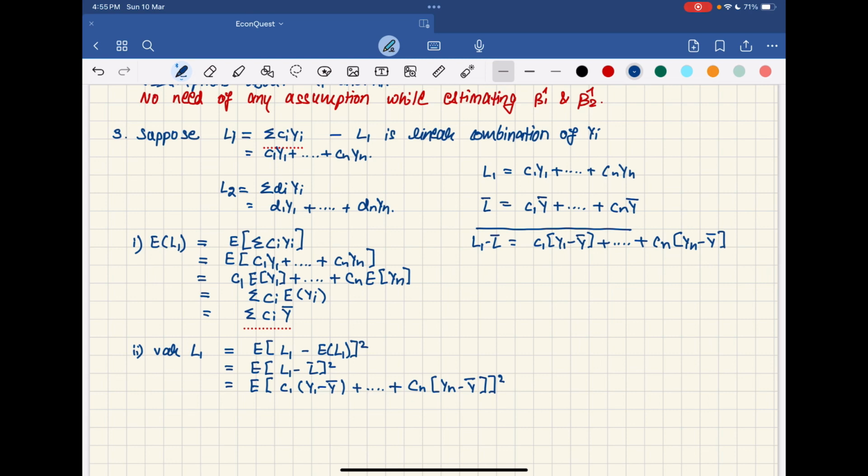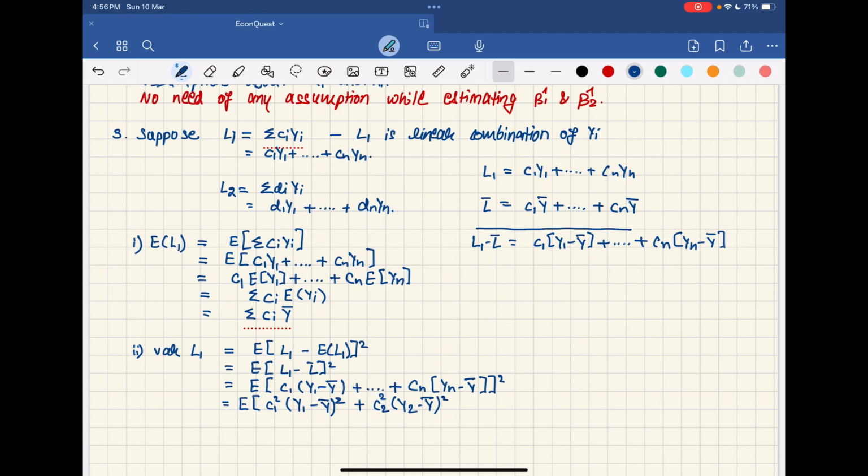If you expand this summation with the whole square, you will get something like this: expectation of c1 square y1 minus y bar square plus c2 square y2 minus y bar square, right?